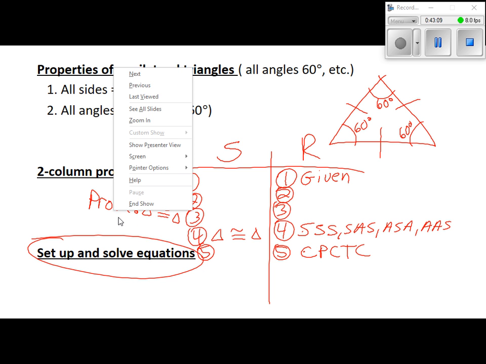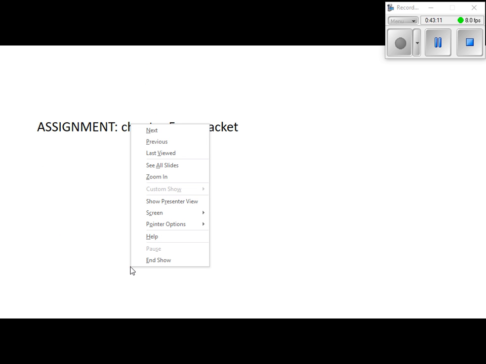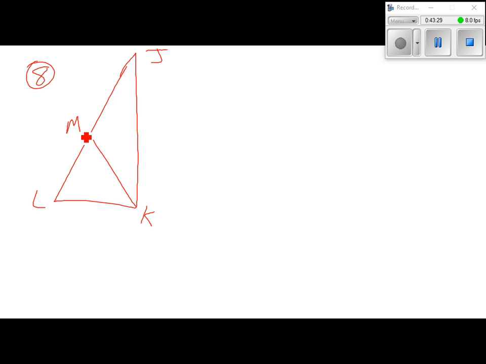Oh, that's not the way I want to go. My triangle might not look exactly like theirs. Close enough. L, K, M. What do we know about this bottom triangle with the way they marked it?